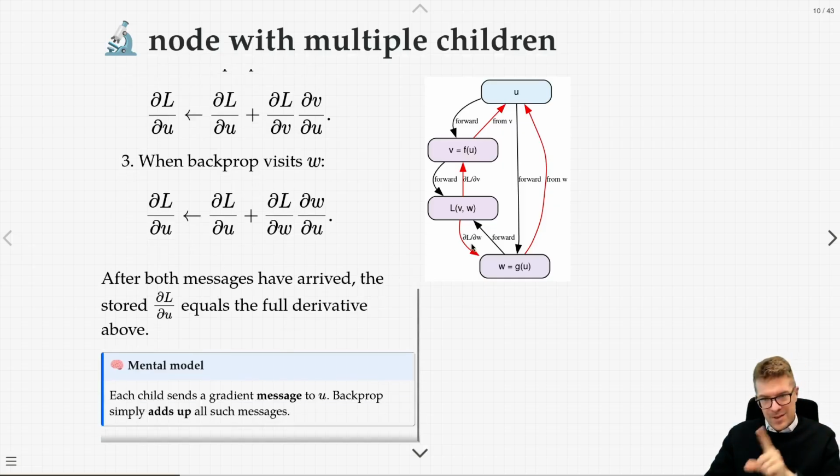After all messages have arrived at a particular node, the stored derivative of L with regards to that node is now the full derivative, accumulated from the future, from the output towards me. Basically every child of u, or every node subsequent in the neural network, has passed the message to me, u.